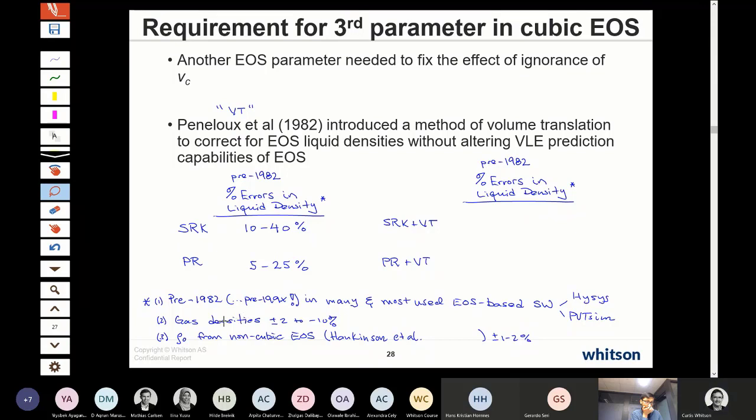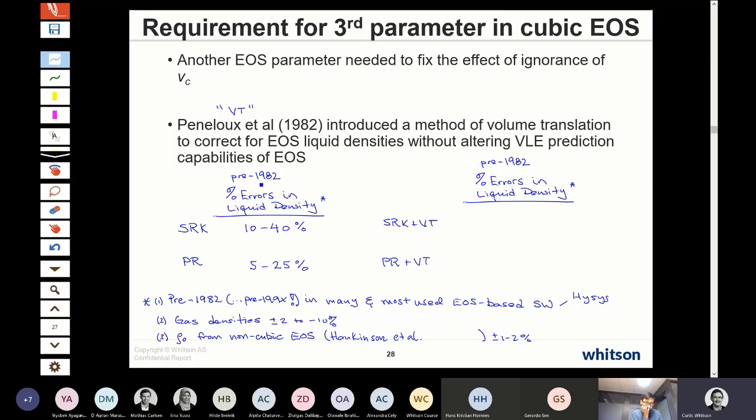Actually, that's not correct. PVTsim had the volume shift in there. I'll take that away, that would be incorrect. It was the Peng-Robinson that they didn't implement until quite late. So they only had the SRK, but they did have the volume shift with the SRK.